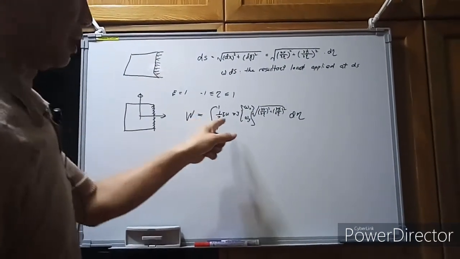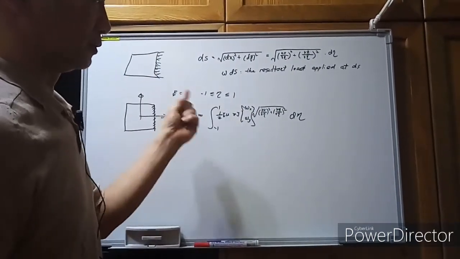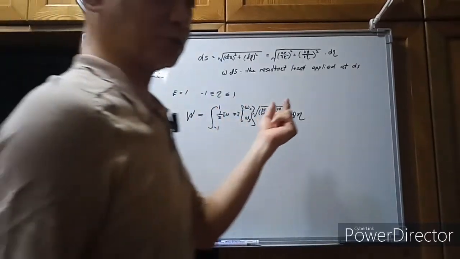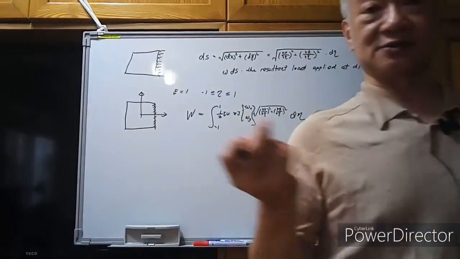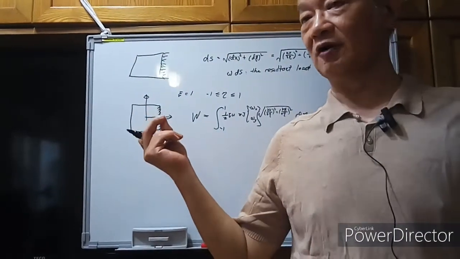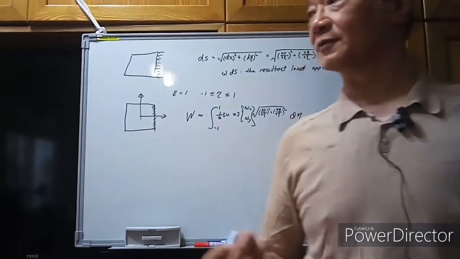We can always multiply by 1/2 u v. The u and the v are functions of η. So u and v are not constants. They are functions of the locations we consider.